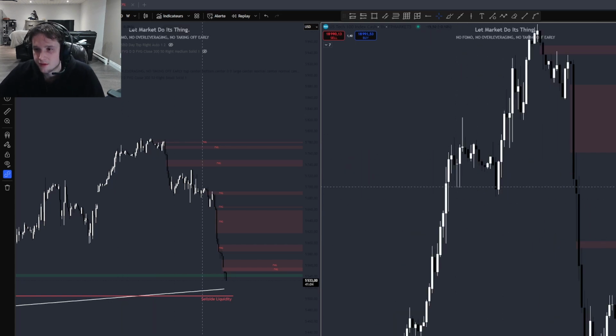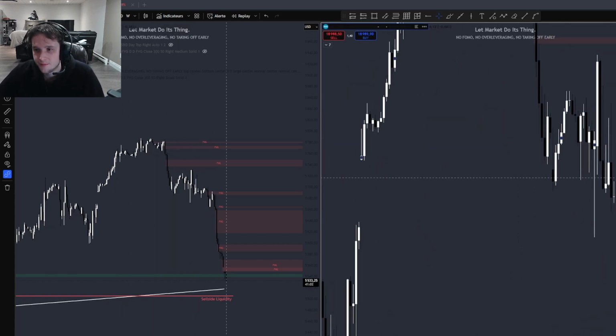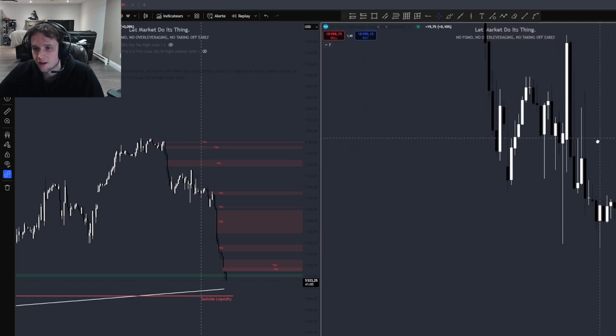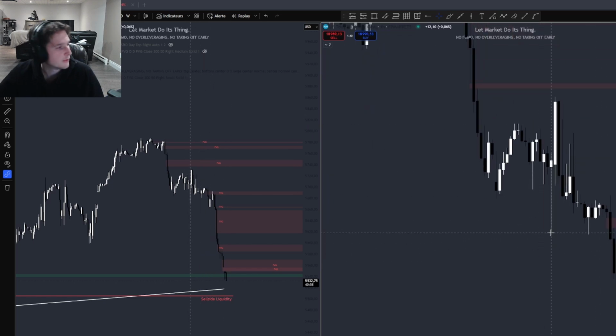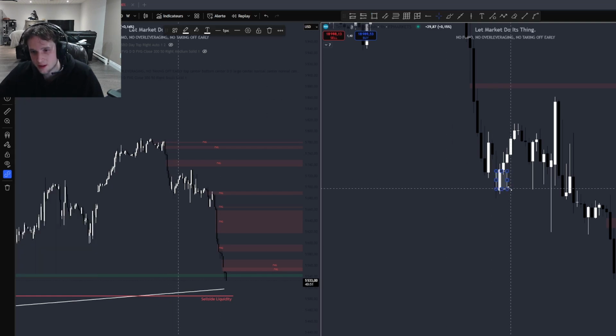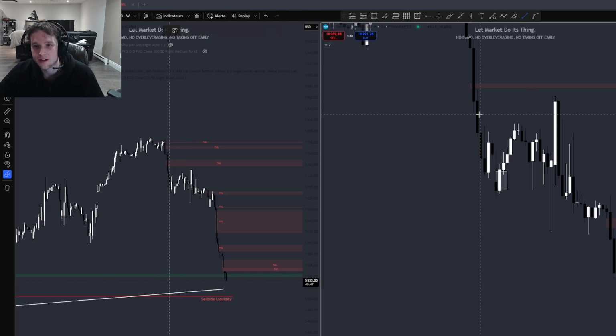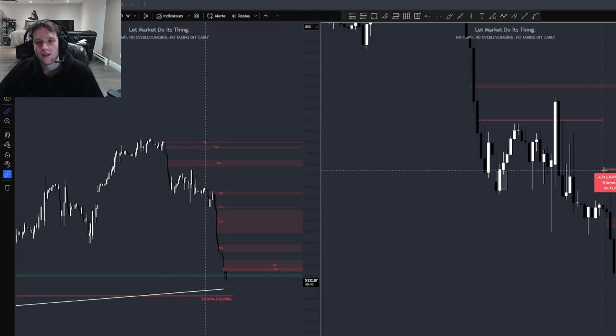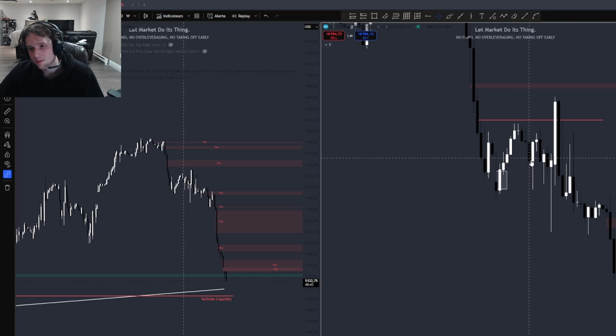Okay? What this means is, let me take an example here. Let's say here, right? This is a massive wick, this one here. This wick was meant for people that went long on this candle. Let's say they decided to go long, targeting this high here, right? Screw it, right? Market goes up, goes back down.